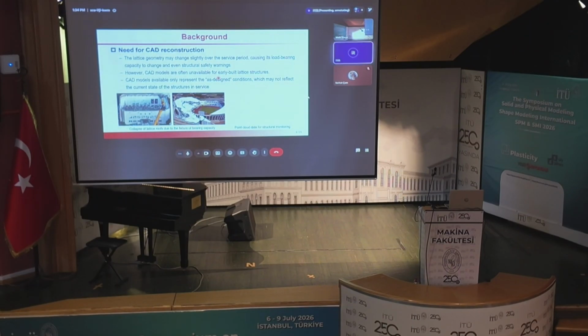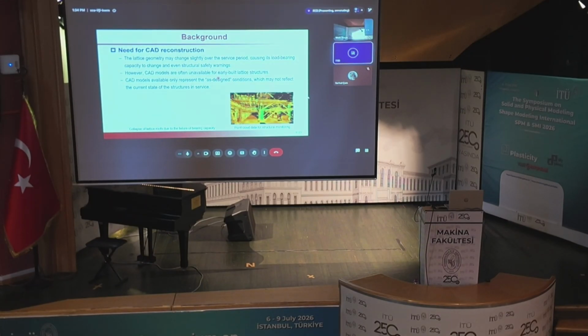Under this background, we would like to reconstruct the CAD models directly from point cloud data. There are quite a lot of point cloud reconstruction methods developed, but our goal is to find a way to robustly reconstruct the CAD models of these particular lattice structures.